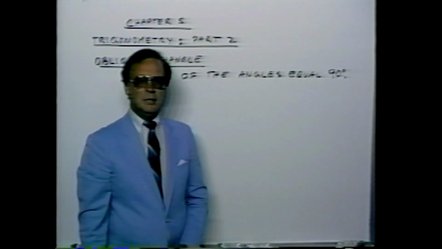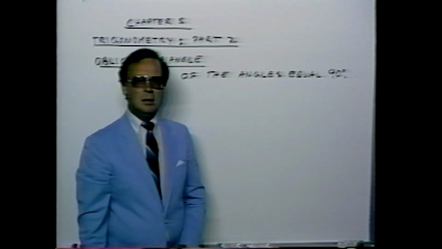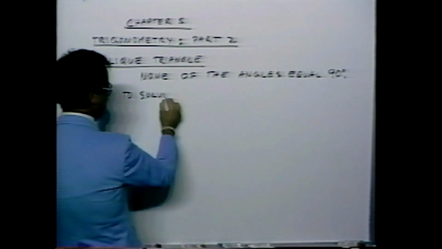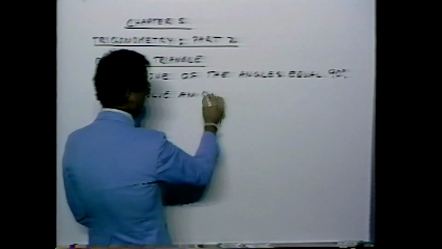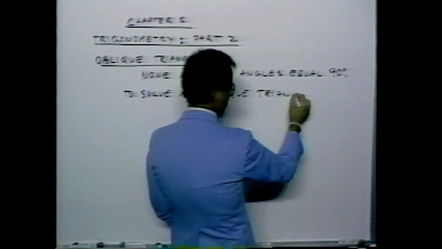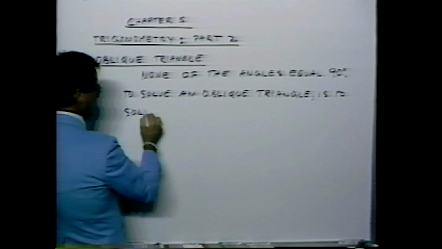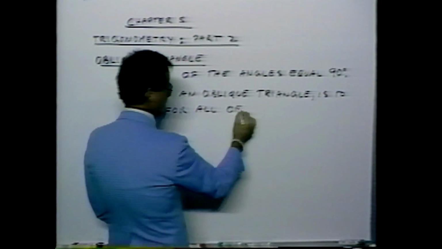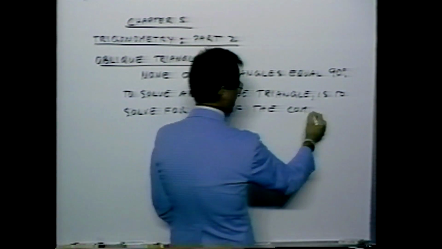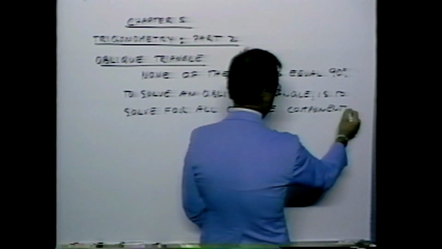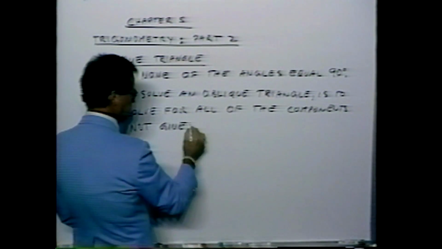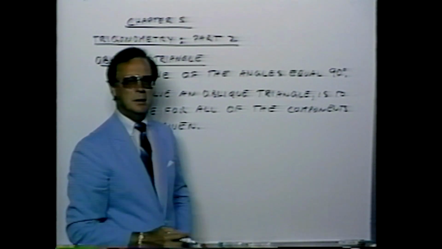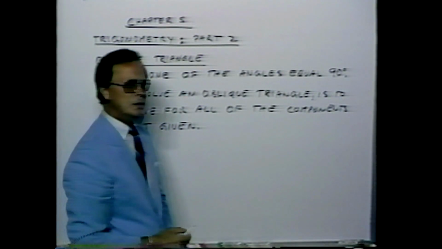To solve an oblique triangle is to determine all of the components of the triangle which are not given. There are three components to a triangle, and they are 3 sides and 3 angles.